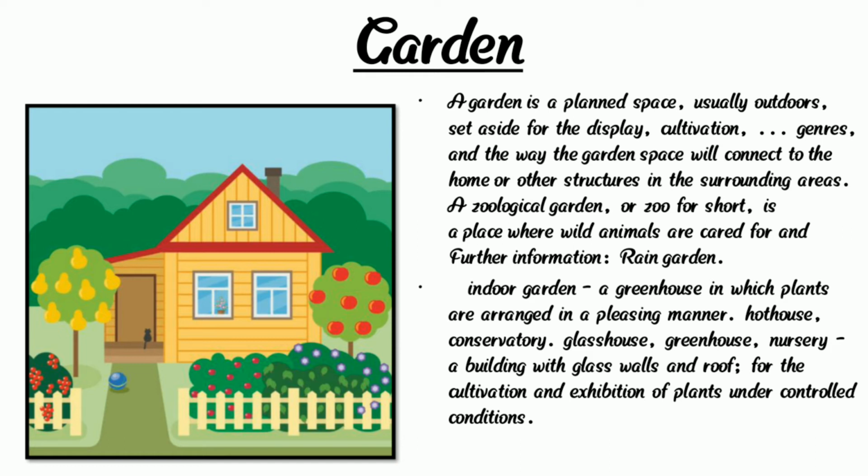So children's garden is a place we are all familiar with, our home garden, and we know about our garden. A garden is a place outside our house, and we plant so many various types of plants, flowers, also vegetables and trees.